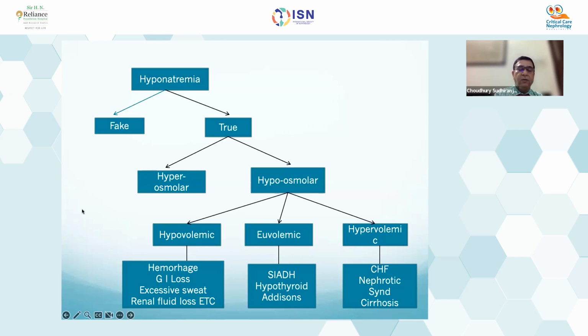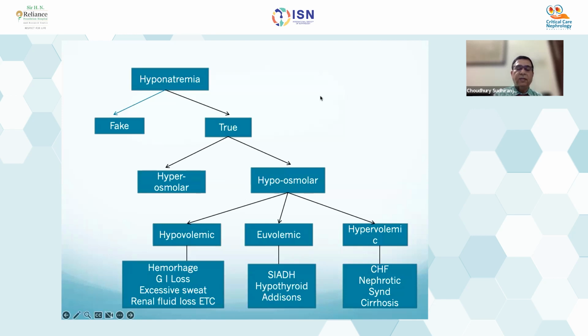So a patient might collapse during a marathon run. Keep in mind that when marathon runners ask for water or any liquid to drink, don't give only water, Bisleri bottles.